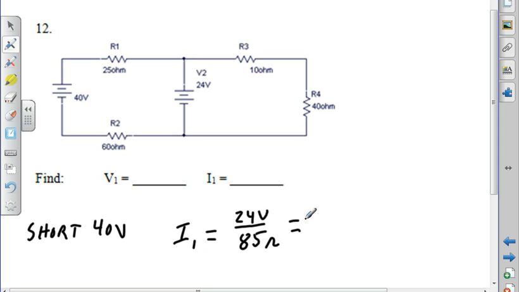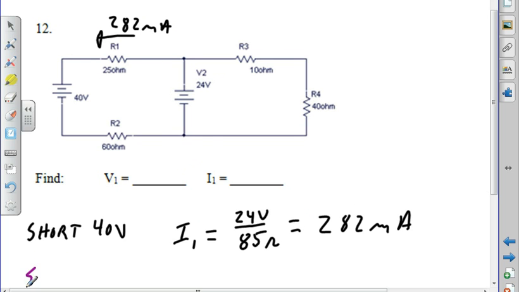Grab my calculator. 282 milliamps, and it's going to be flowing that way. 282 milliamps, because I'm positive here, it's going to go that way.